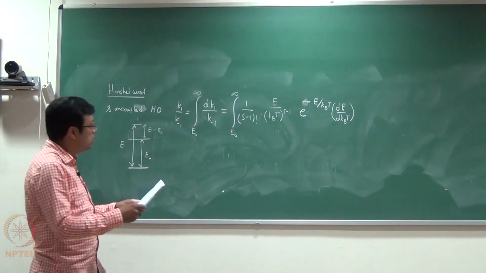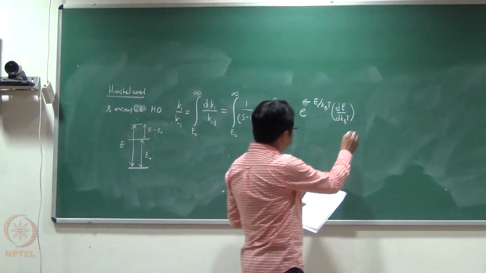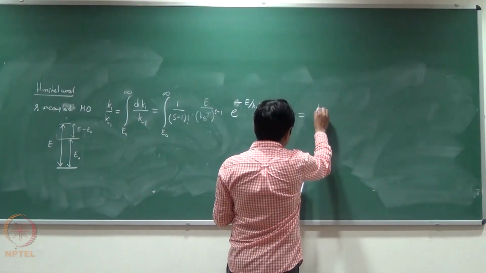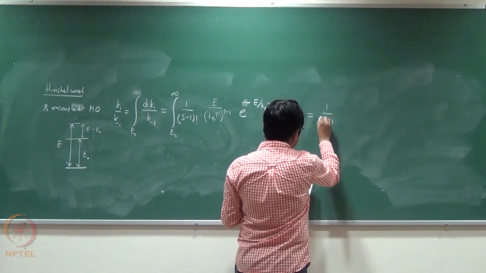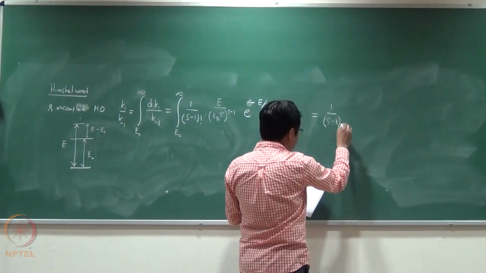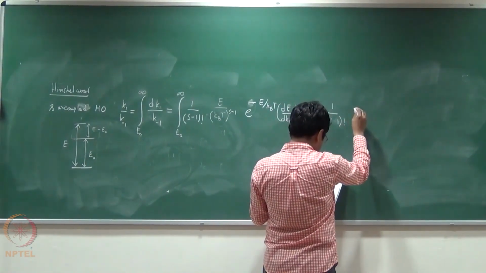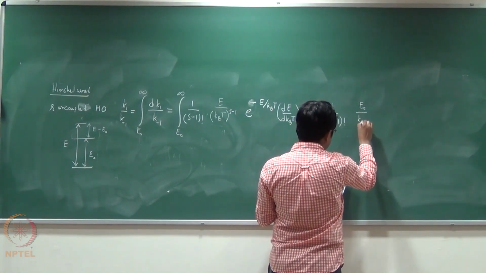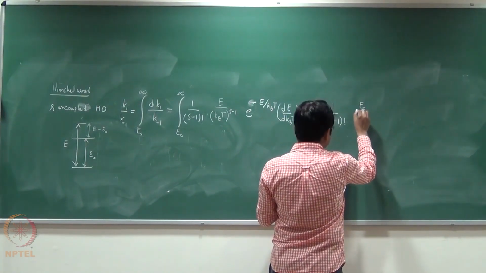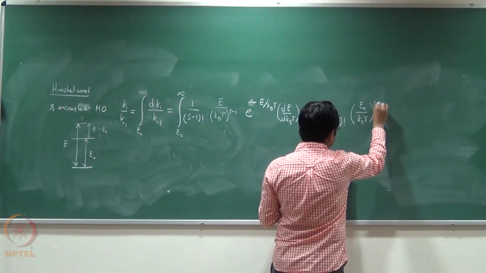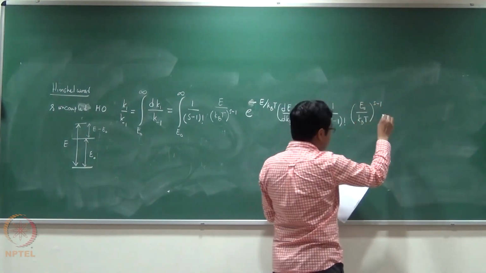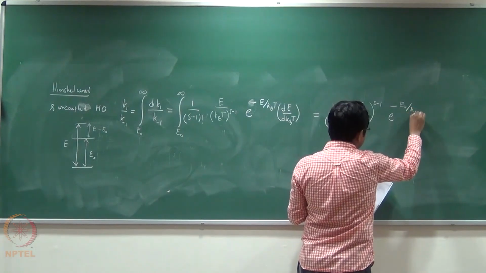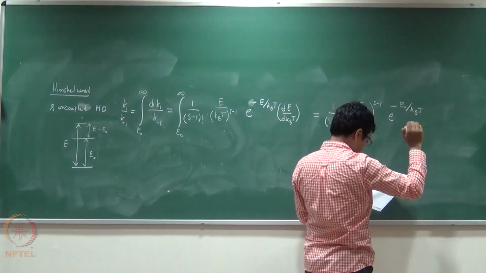If you solve it, you can show that this will give you something like 1 by (s minus 1) factorial, times (E0 by kT) raised to the power s minus 1, and then e to the power minus E0 by kT.